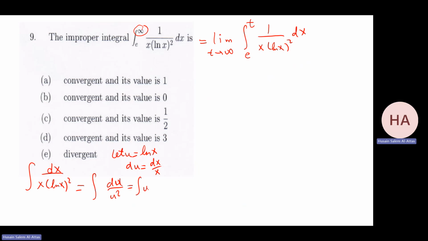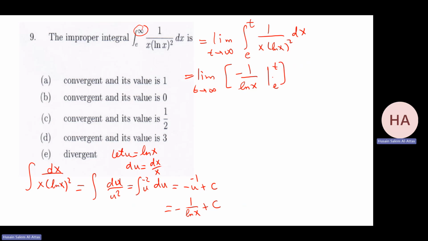In other words, u^-2 du. That will be minus u^-1 plus c, which is minus 1 over x plus c. Okay, so this one will be the limit as t goes to infinity of minus 1 over ln x from e to t.